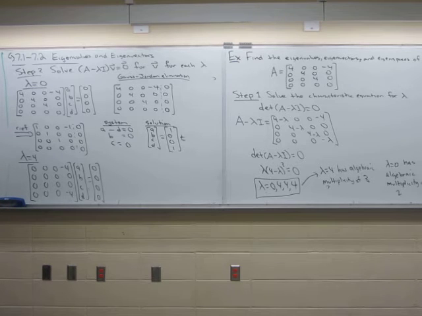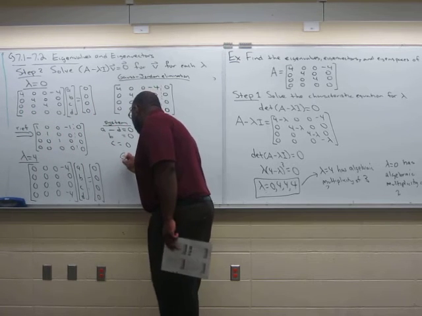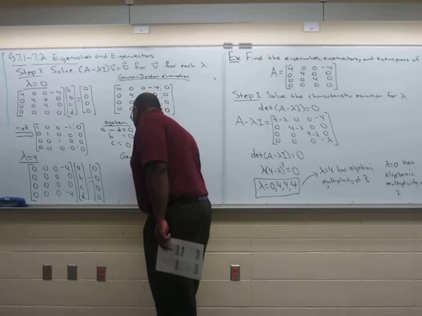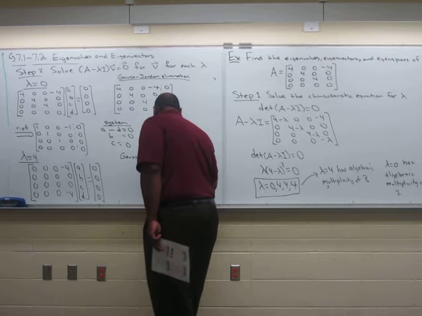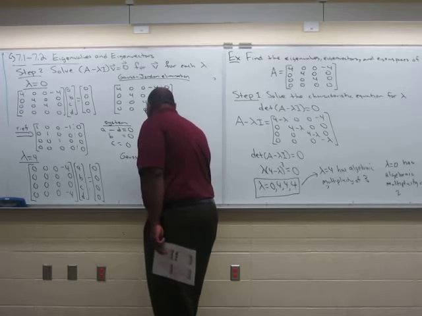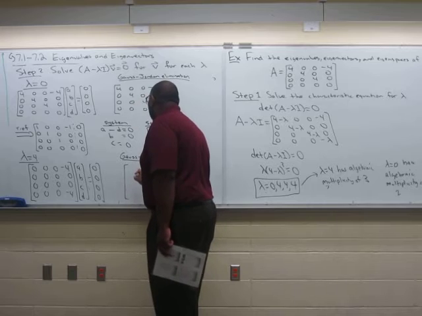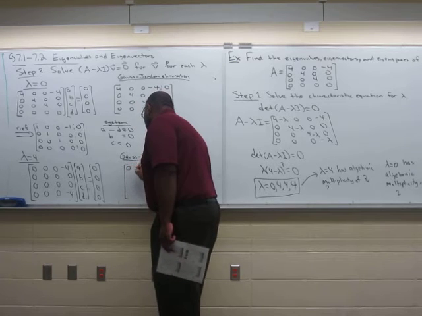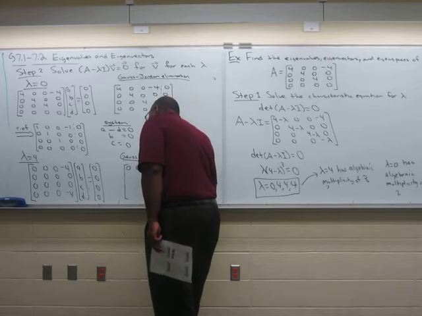Reduce to row echelon form. So let's do Gauss-Jordan elimination on this. You can kind of tell what's going to happen here. This one's probably not going to surprise any of you, what we're going to end up with.